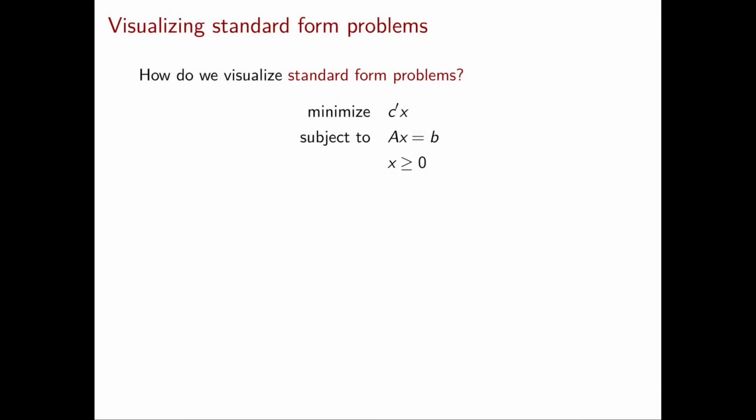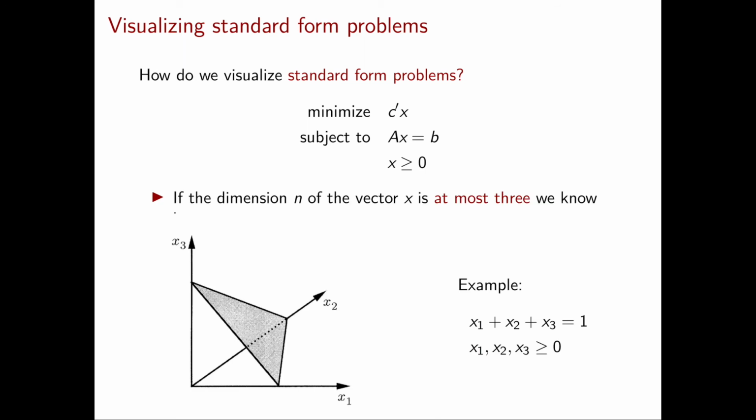So far in this video, we have learned how to visualize general form problems in dimension 2 and 3. Next, I want to tell you a little bit how you can visualize problems that are in standard form. Here is a linear programming problem in standard form. So how can we visualize it? Well, the answer is fairly obvious. In fact, we can visualize it exactly as we have done so far.